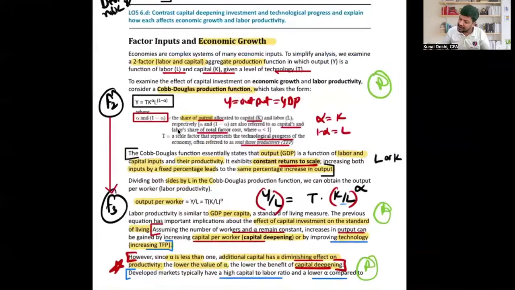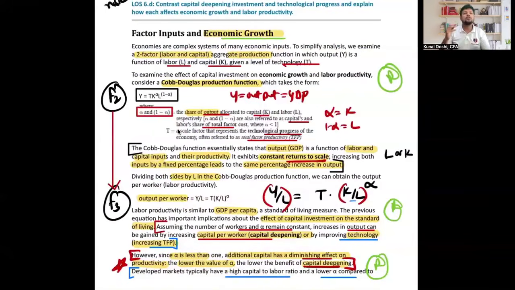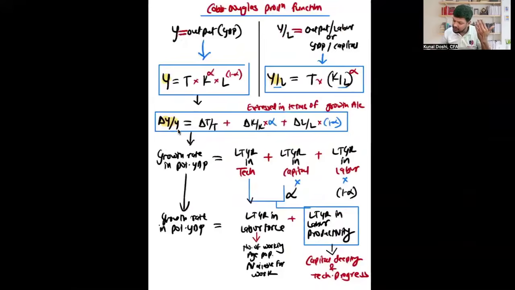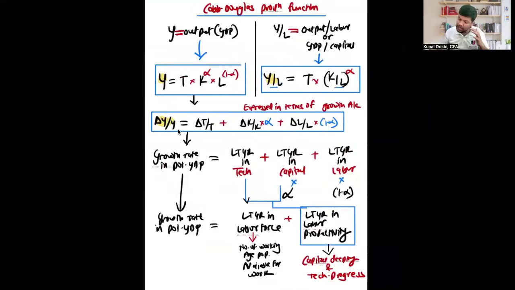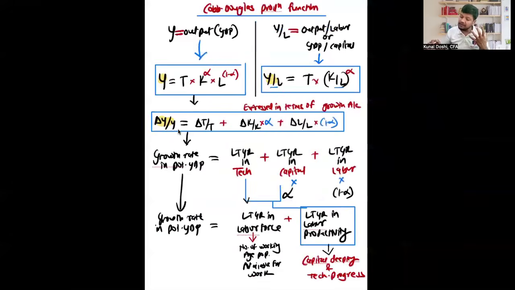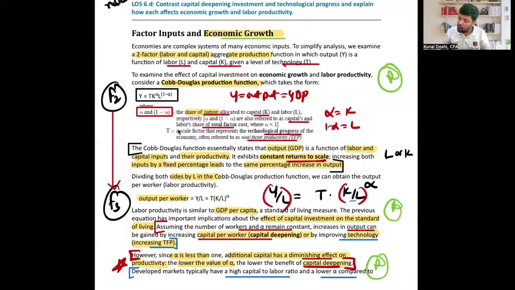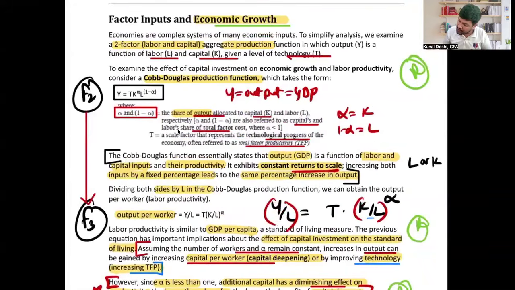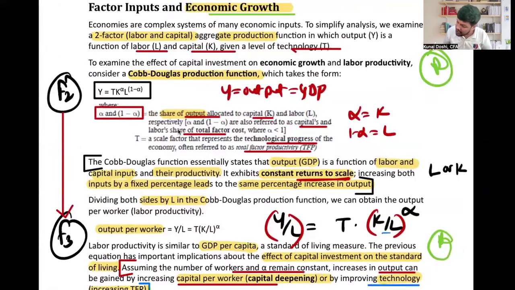Okay. Yes. Factors and inputs of economic growth. This is very important. And this is where we have some of the formulas. The most important formula that is going to come up, there are several formulas leading to how to calculate the labor, how to calculate the effect.